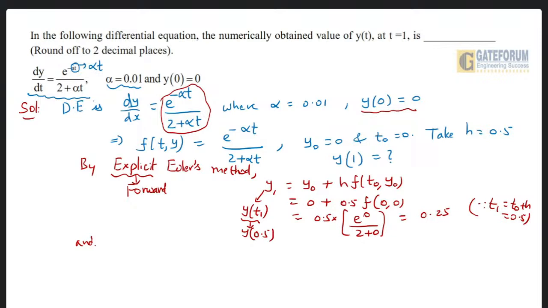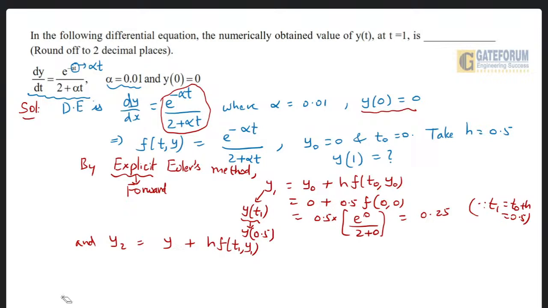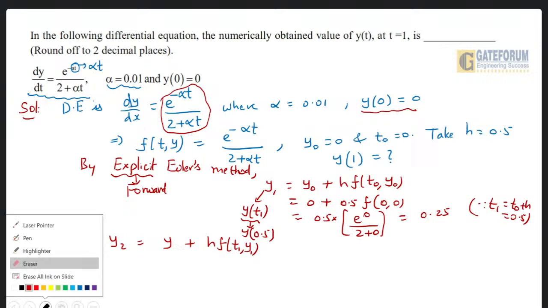In general forward Euler's method, putting i = 1, you get y2 = y1 + h times f(t1, y1).